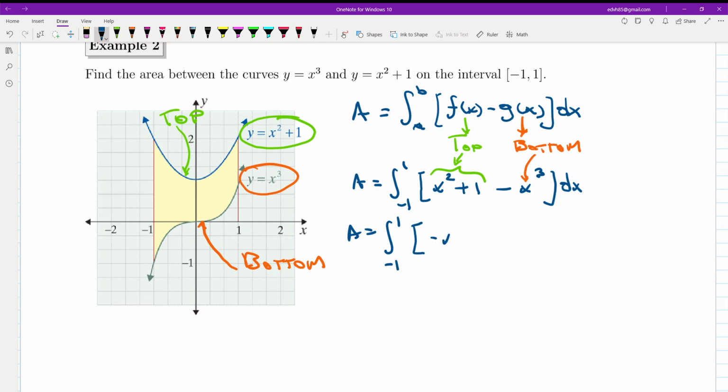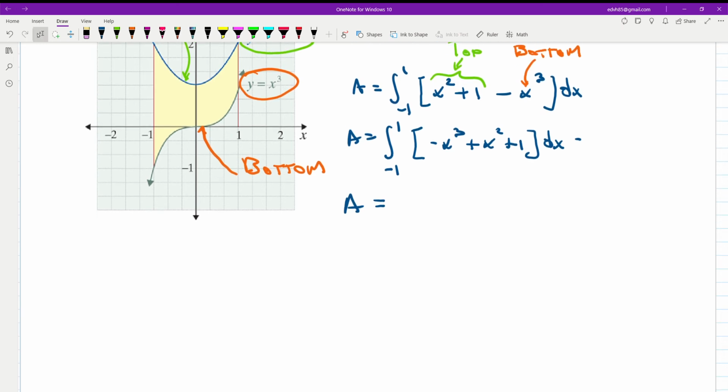That is negative x cubed plus x squared plus 1 with respect to x, and let's just integrate. That's going to give us negative x to the fourth over 4 plus x cubed over 3 plus x. All right, and this gets evaluated from -1 to 1.